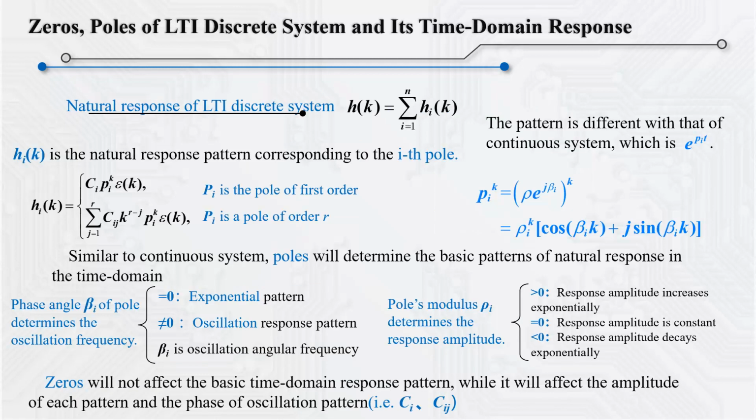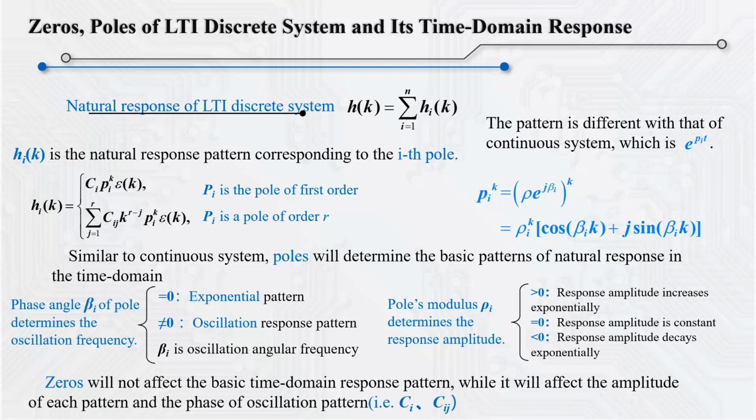For discrete LTI systems, the relation between zeros, poles, and time domain natural response can be analyzed similarly. Likewise, the natural response of a discrete system is also composed of several response patterns. Each response pattern corresponds to a pole of the system function.